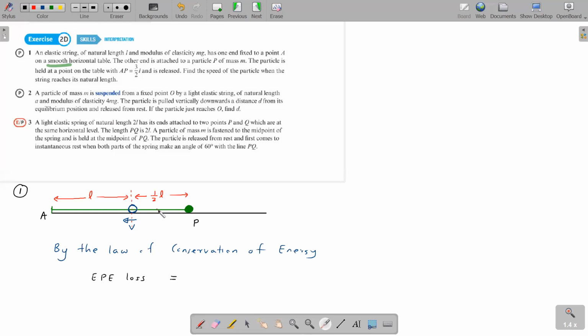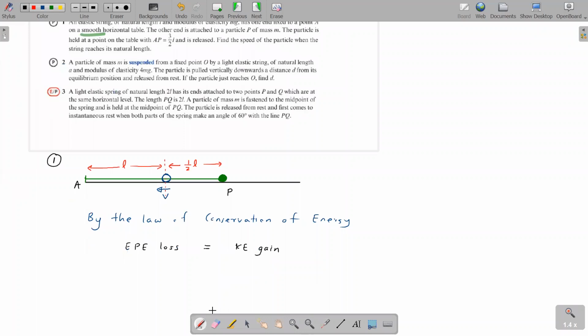So the elastic potential energy that you are losing is equal to the kinetic energy gained. Elastic potential energy is lambda x squared over 2L. Kinetic energy is half mv squared. Shall we input the values?